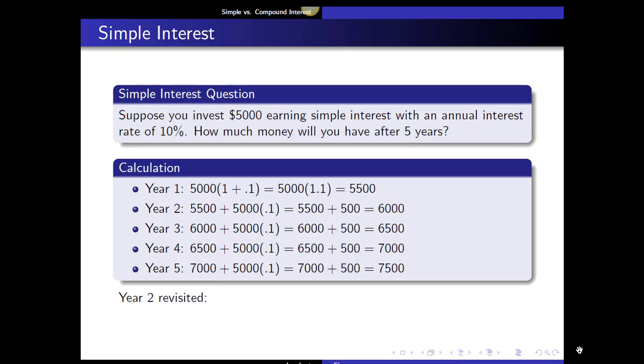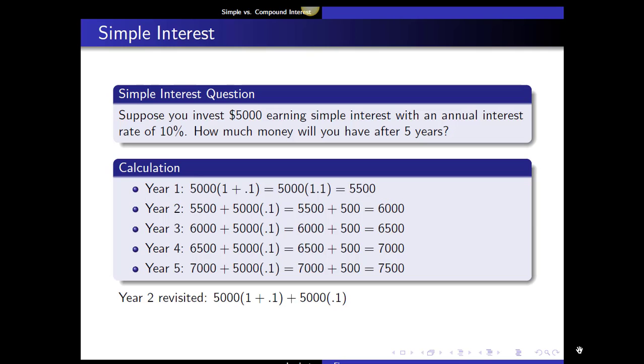So for year 2, if you see the 5,500 in the first line, we could write that 5,500 as 5,000 times the quantity 1 plus 1/10. And I'm going to write that right there. And then also add in year 2, you have that 5,000 times 1/10.